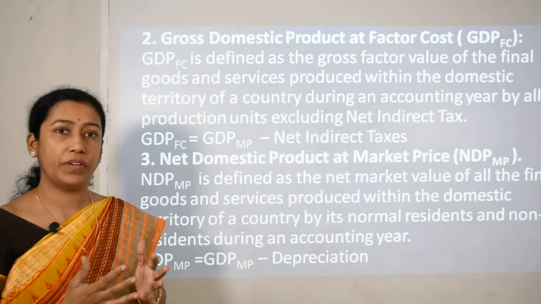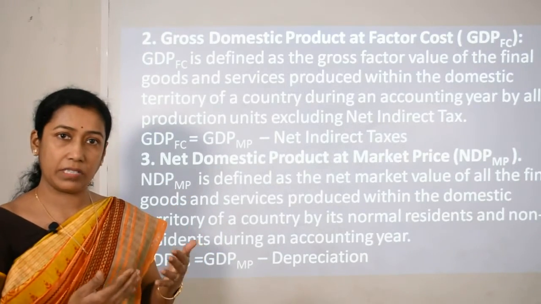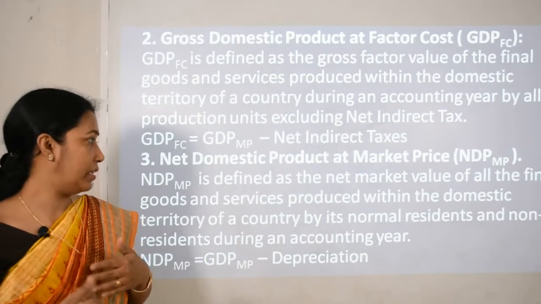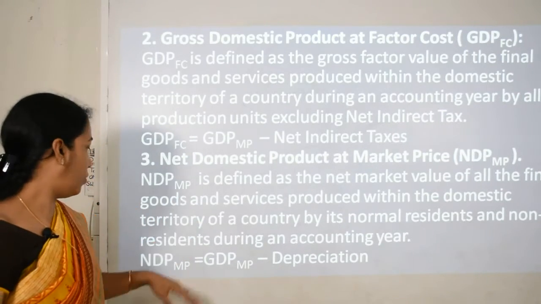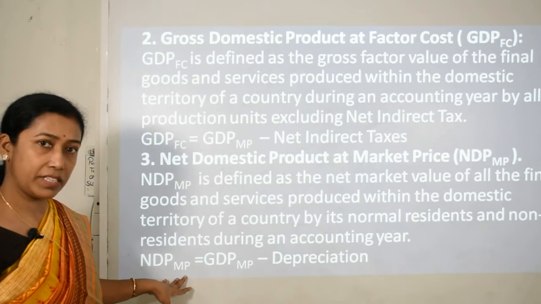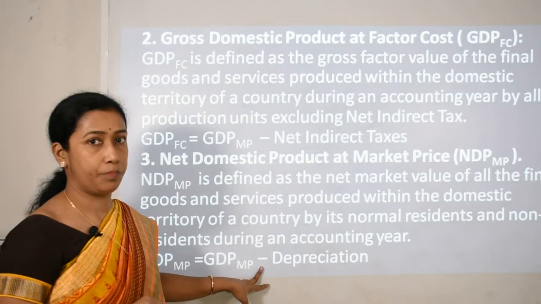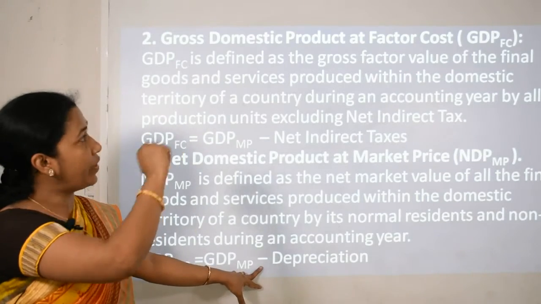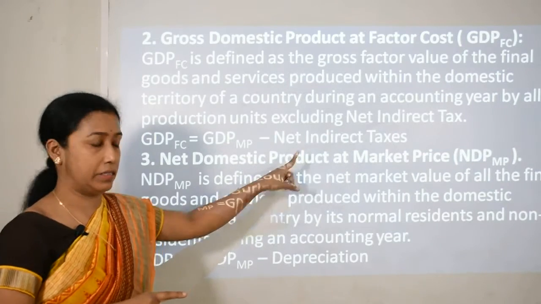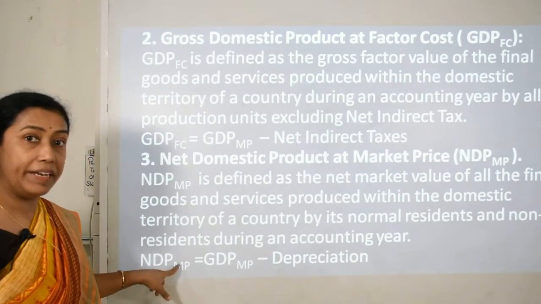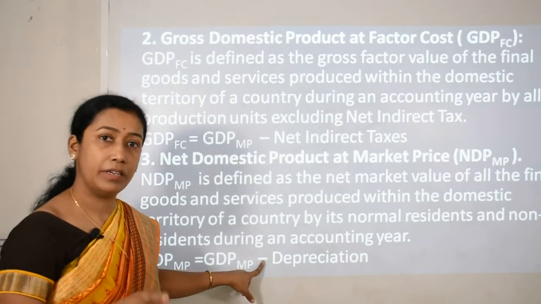That is all those final goods and services which are produced by the normal residents, as well as the non-resident Indians, within one financial year, within one domestic border. So NDP at market price can be calculated as GDP at market price minus depreciation. What we did in GDP at factor cost was to exclude, that is minus, net indirect taxes. Whereas when we find NDP at market price, it is GDP at market price minus depreciation.